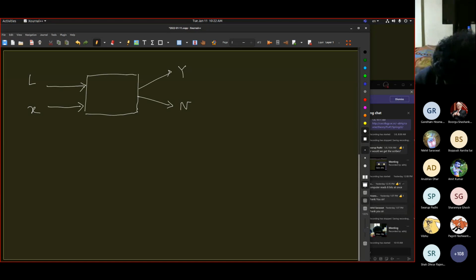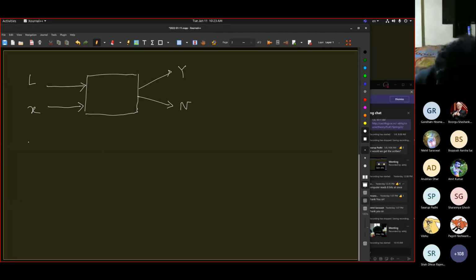So this is my schematic. But our inability to deal with infinite representation essentially means the number of inputs that I can provide to a machine is only countably infinite.